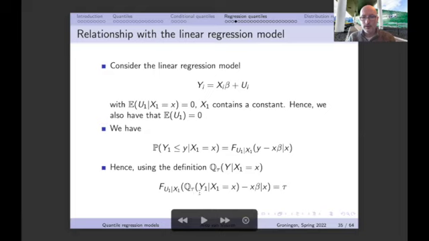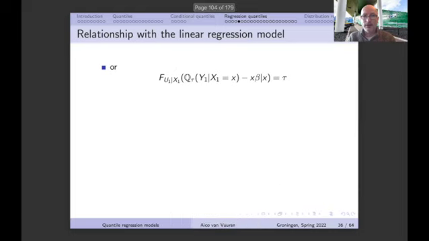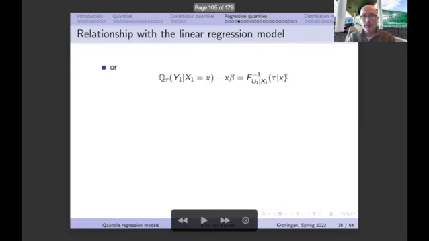I'm going to look at this relationship that we have over here. I have it here actually another time. And then I can realize that the distribution function of u1 conditional on x1, let's assume it to be completely continuous. So therefore it's strictly upward sloping. And that means of course that we can take inverses from the left and right hand side. So therefore we can also write it like this.